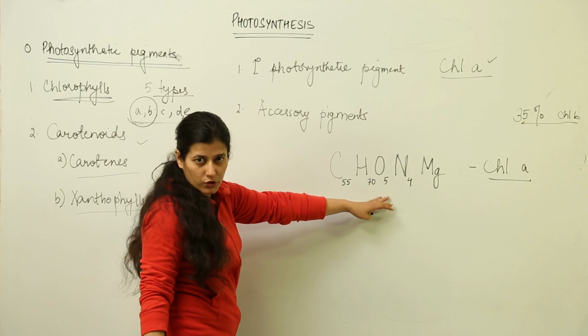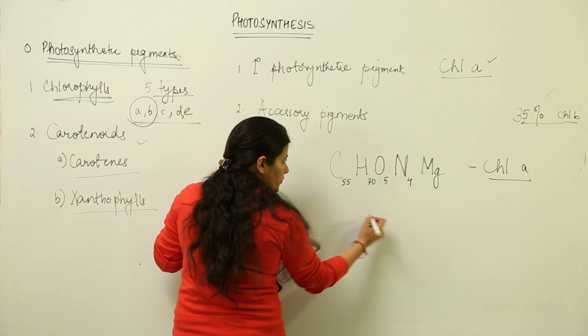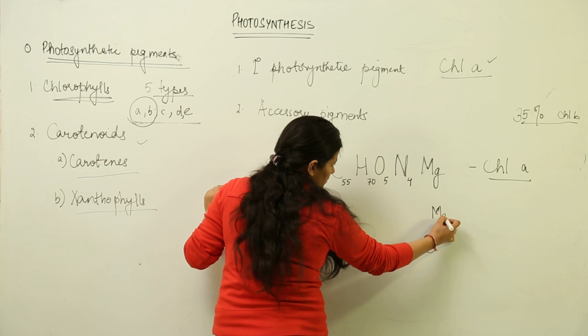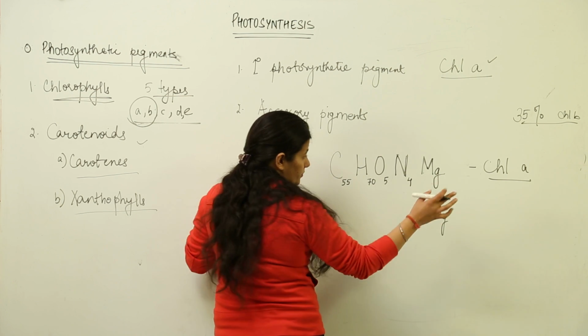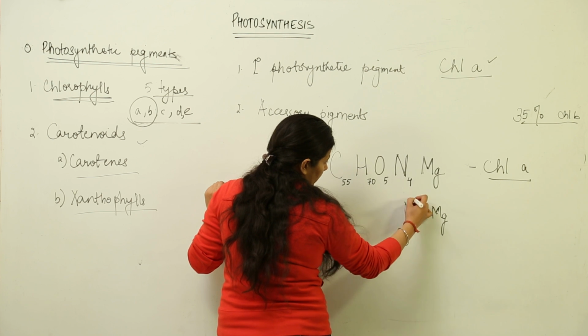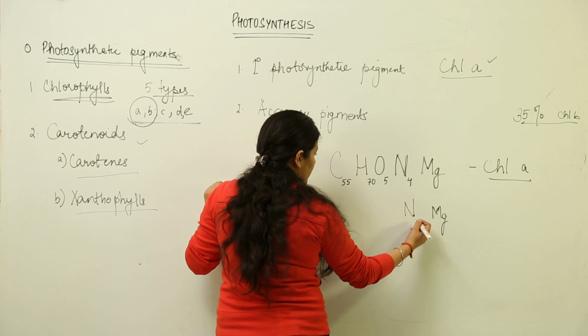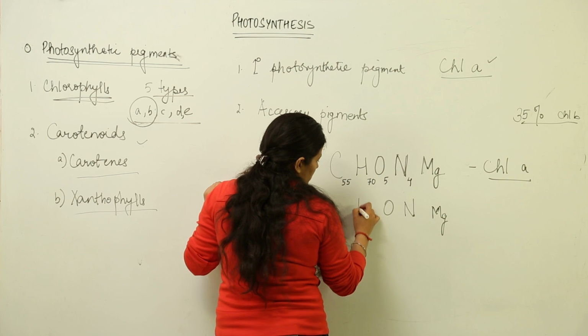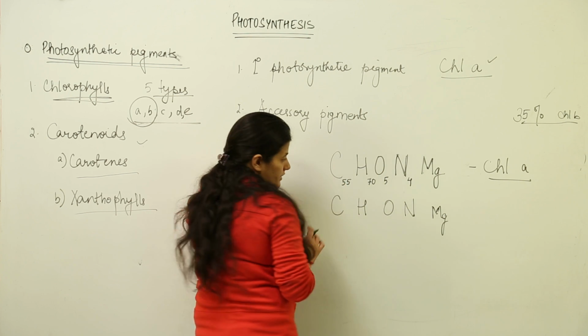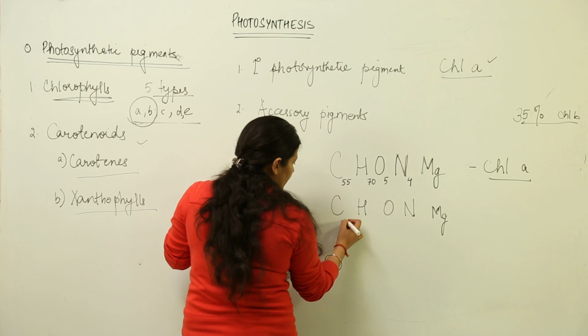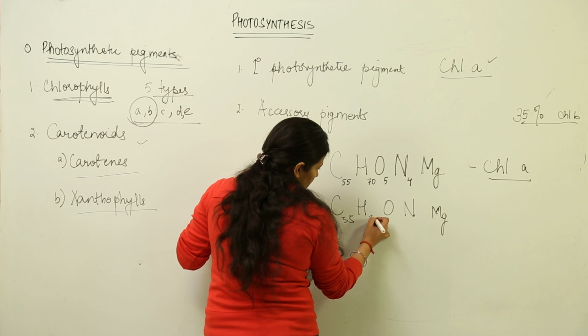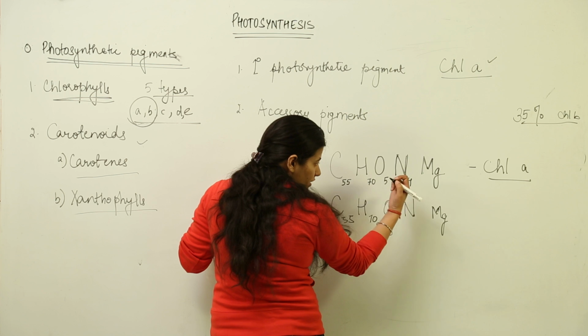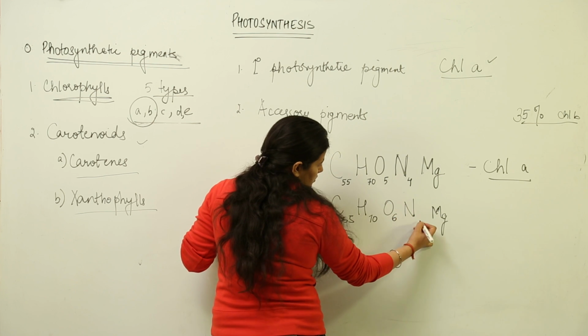Now, in chlorophyll B, the same thing would be there, magnesium would be there, because chlorophyll A or B, both have green color, and in deficiency of magnesium there will not be any green coloration because chlorophyll will be absent. The only difference is that instead of 5 oxygens, it has 6 oxygens.